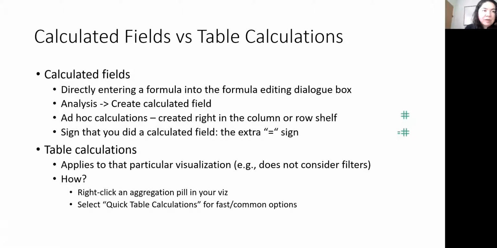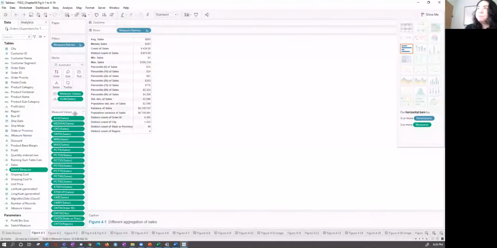You can also directly enter them ad hoc right into these. So you can start a calculation up here. That's called ad hoc. It will function just the same as the other ones.